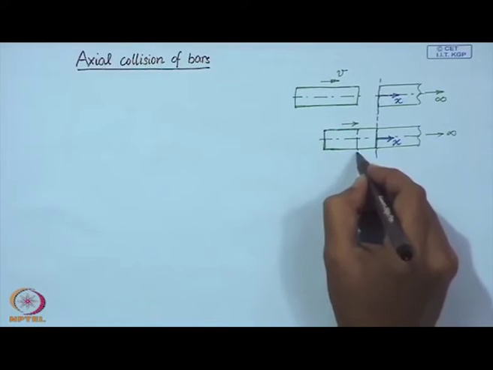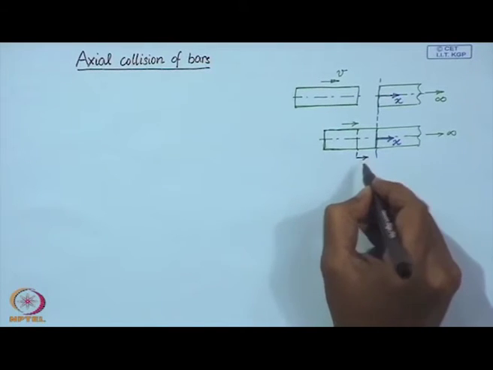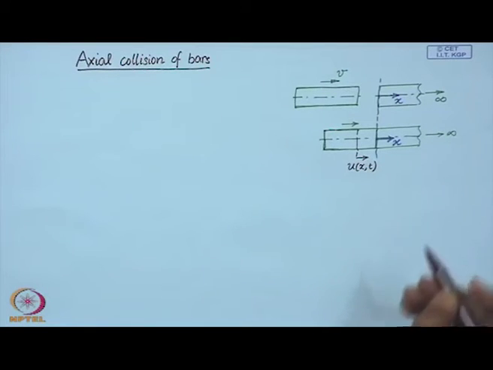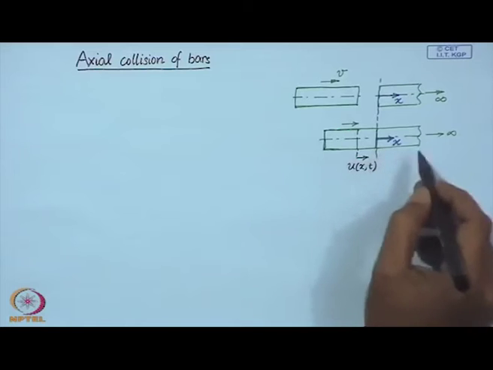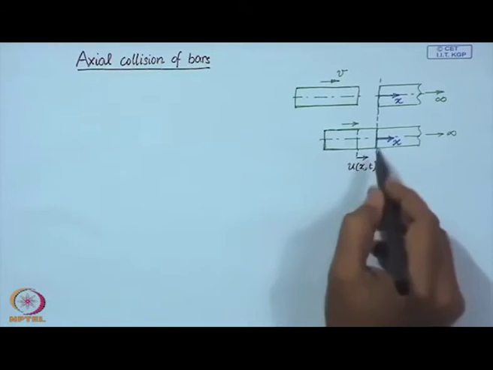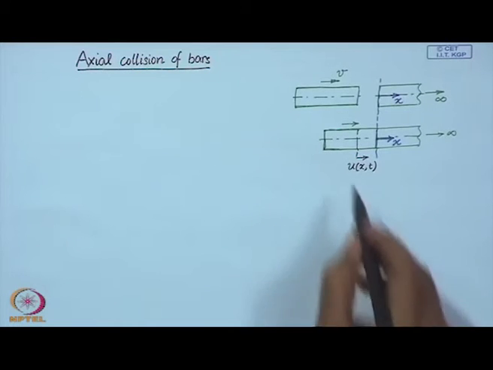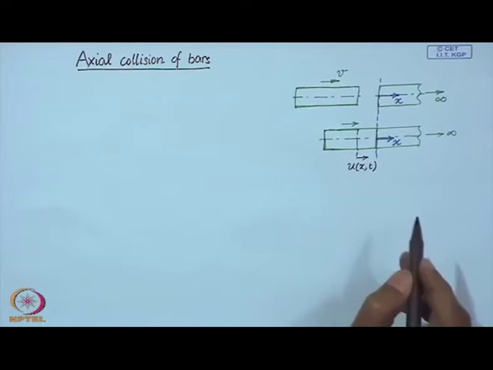At any location x, the axial motion of this finite bar is represented by the field variable u(x,t).